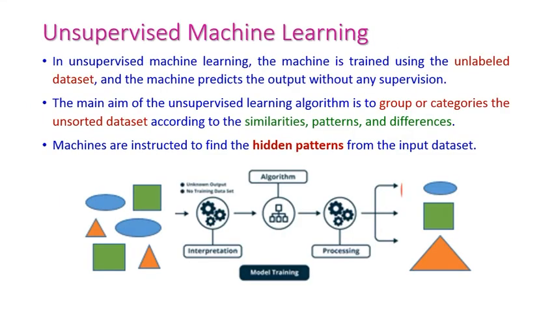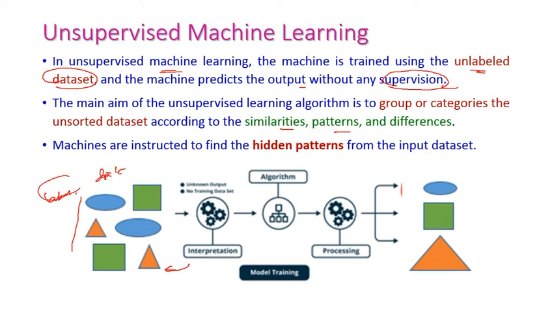Unsupervised machine learning. In unsupervised machine learning, the machine is trained by using an unlabeled data set. Okay, unlabeled data set. The data set does not have any label, right? And the machine predicts the output without any supervision. Then how will it predict? So the system will analyze the similarities, patterns and differences of the given data.